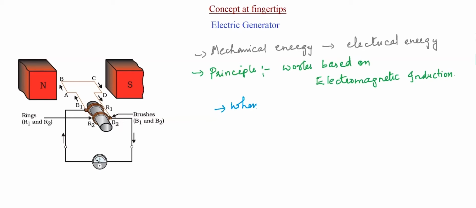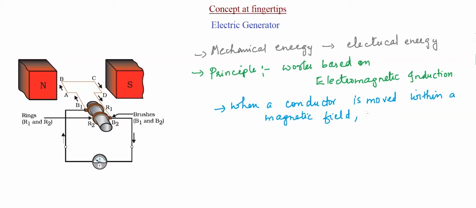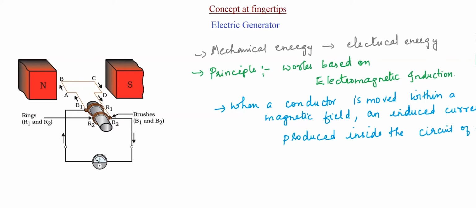Namely, when a conductor is moved within a magnetic field, an induced current is produced inside the circuit of the conductor. So this is the principle of electric generator.